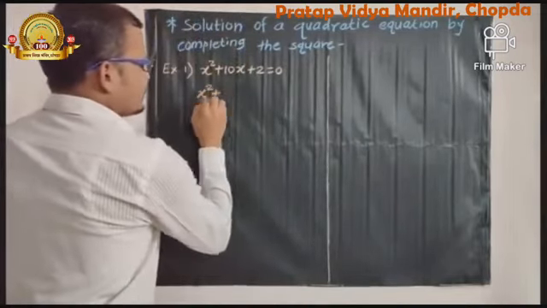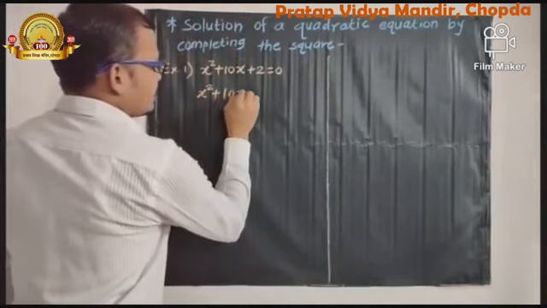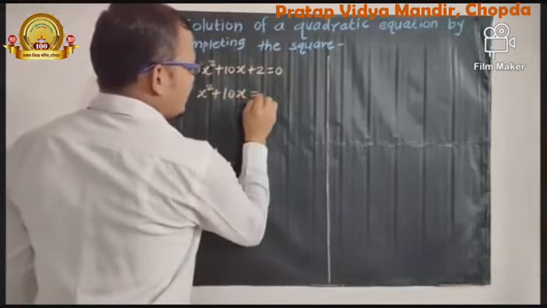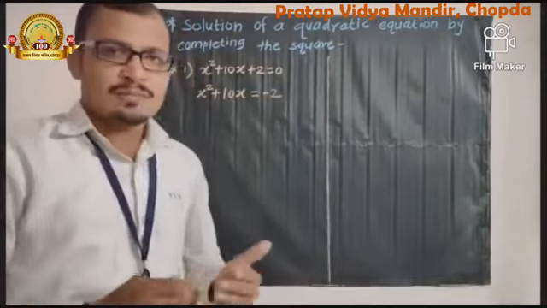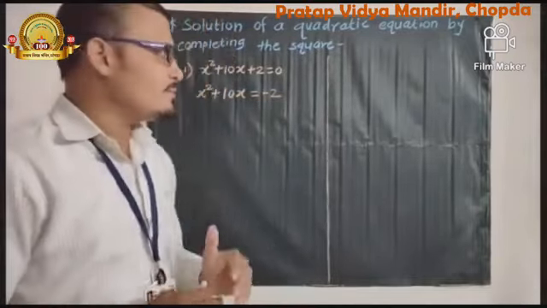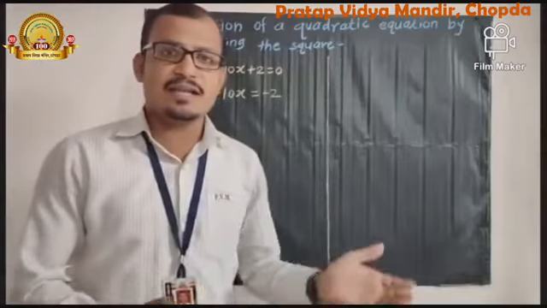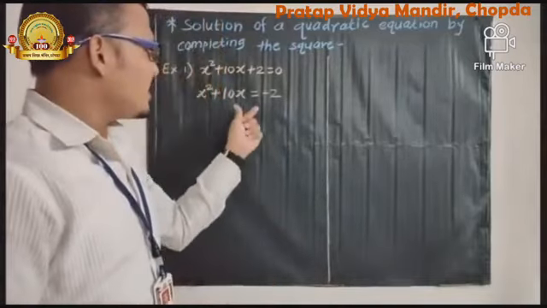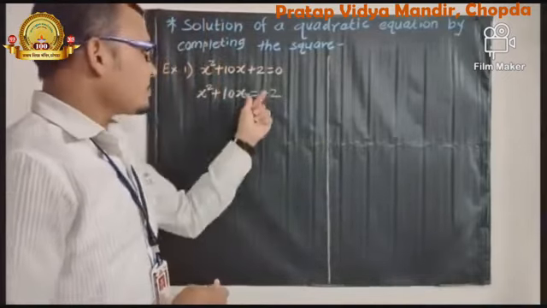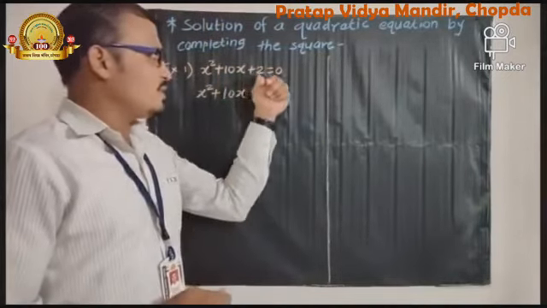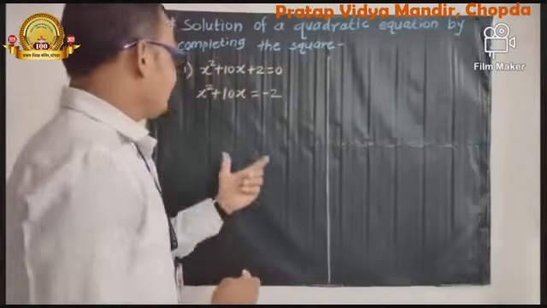So our equation becomes x square plus 10x is equal to minus 2. Why minus 2? Because when we shift any term from LHS to RHS or RHS to LHS, its sign changes. So this plus 2 becomes minus 2.